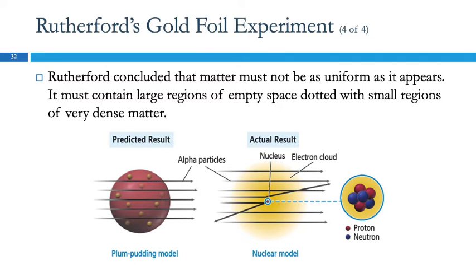It's extremely dense, and then there's this cloud where the electrons are, and that's mostly empty space. So most of these particles hit the electron cloud, there's almost nothing there, they go straight through. But if the particle hits the nucleus, that's very massive, the particle has a positive charge, the nucleus has a positive charge, they are repelled, and it bounces back.